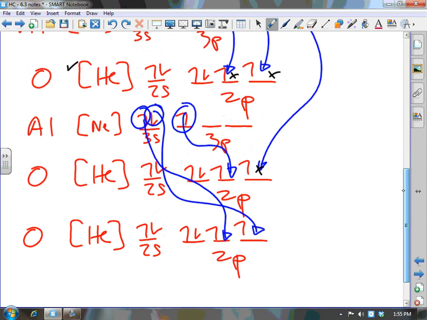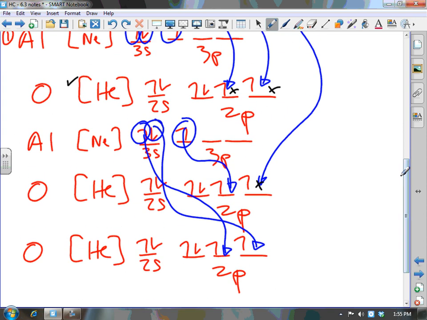Then we look at the next aluminum. It has 3. 1 goes there, 1 goes there, 1 goes there. So now the first aluminum is set, the first oxygen is set, the second aluminum has lost 3, the second oxygen has gained 3, and now the third oxygen has gained 3. So again, we're in that 2 to 3 ratio. Very much like a puzzle piece here as we put things together.